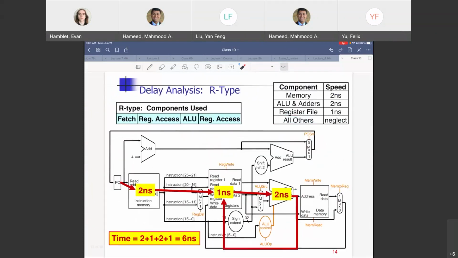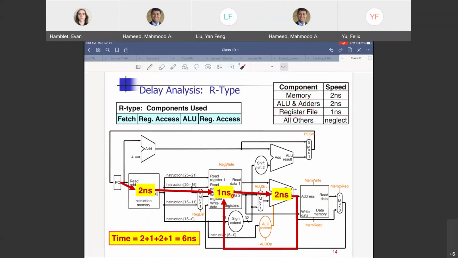Fetch happens here: 2 nanoseconds added, because it is a memory access at 2 nanoseconds. After the instruction gets fetched, the next one is the register access, which means I need to read the register file. What is the register file delay? 1 nanosecond. Add that.